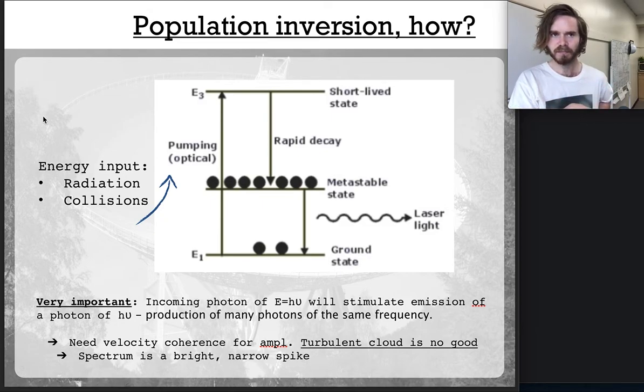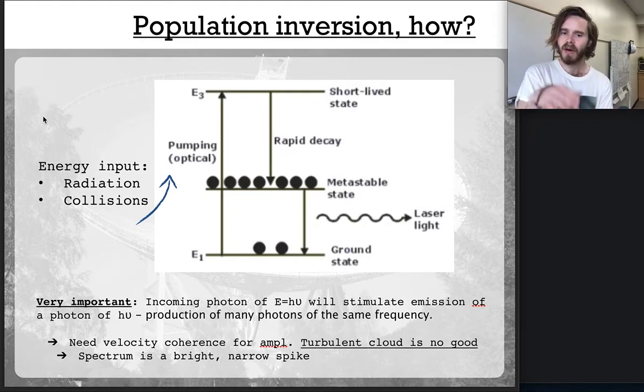So every molecular transition will have some Einstein coefficient which predicts the rate of that transition happening naturally. Okay, so you have your 3 energy level system. You have some input energy, which is taking molecules from the lowest energy up to the highest energy, and this can come from various sources.